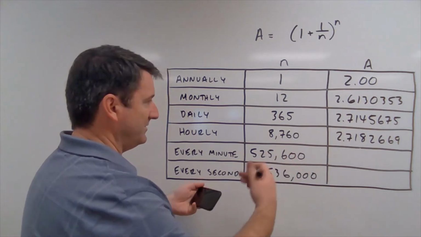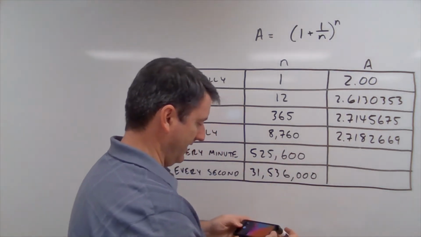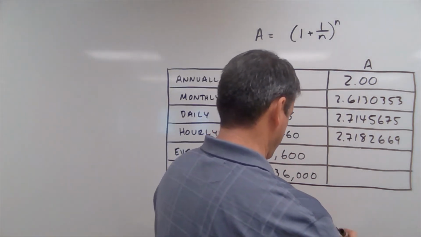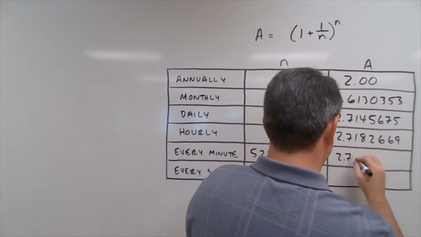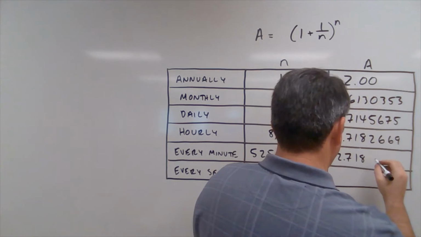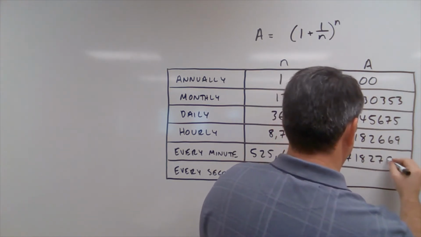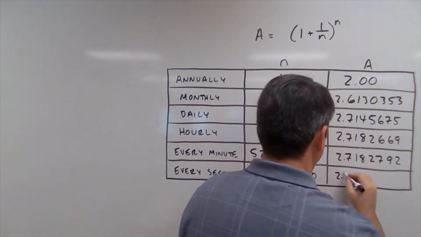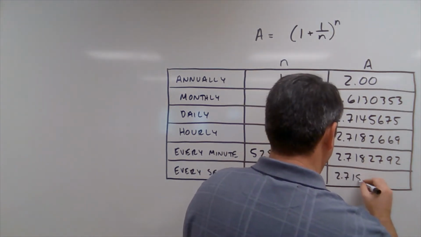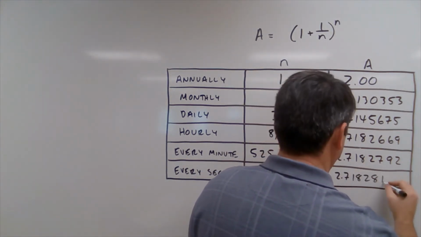And now when we go to every minute, this becomes 2.7182792. And then if we go every second, this becomes 2.7182818.